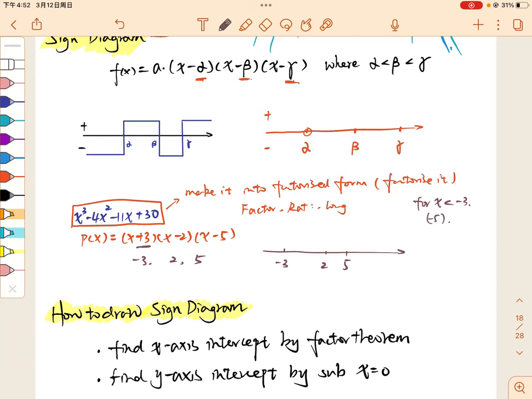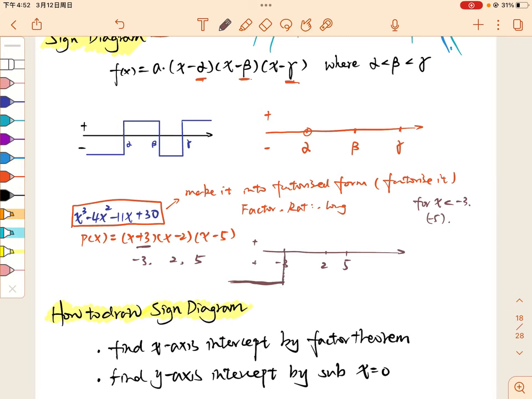Negative 5 cubed minus 4 times negative 5 squared minus 11 times negative 5 plus 30. That would give me a negative number for sure. So I would draw negative over here, because this is positive, this is negative. So smaller than negative 3, they are going to be negative values. So I just draw a line like this.